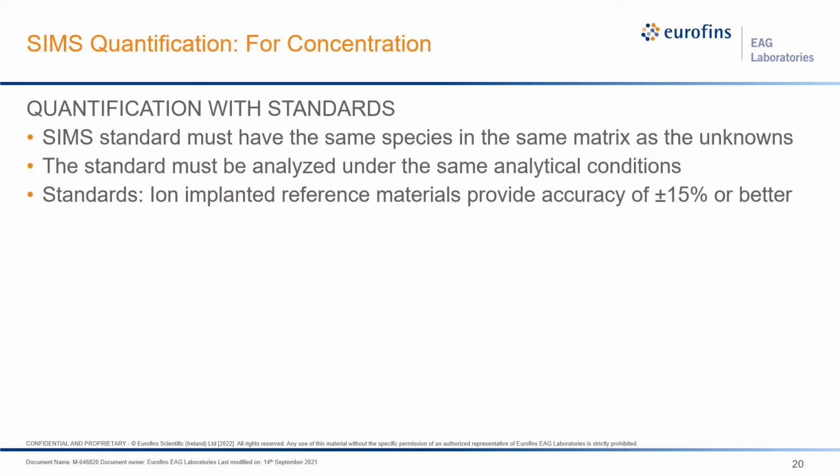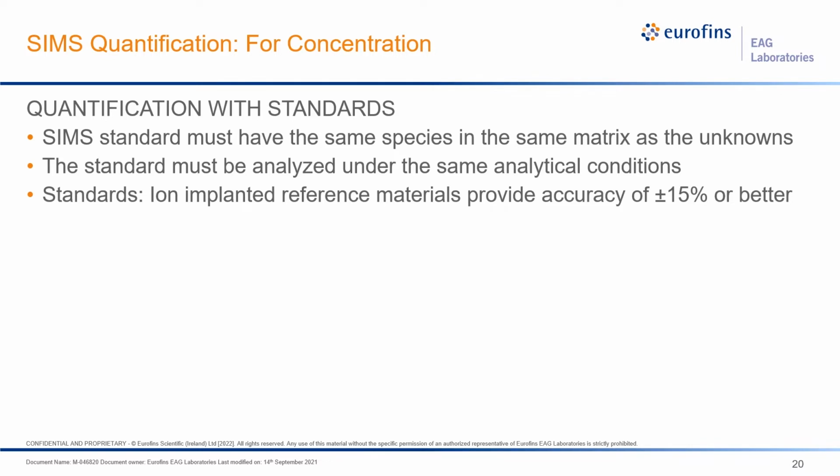One thing that makes SIMS analysis, or providing concentrations, tricky is that it requires almost always a quantification standard. Plotting, as I mentioned before, raw intensities will be deceiving and lead to inaccurate assessment. To quantify a SIMS intensity, you need a standard, which is the known concentration of the element of interest in the same matrix as the sample being measured.